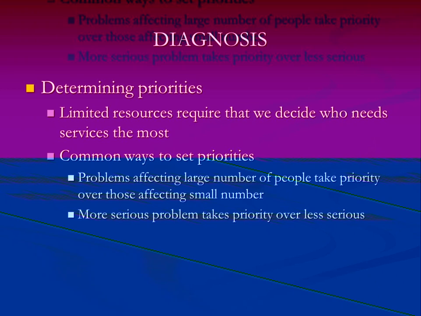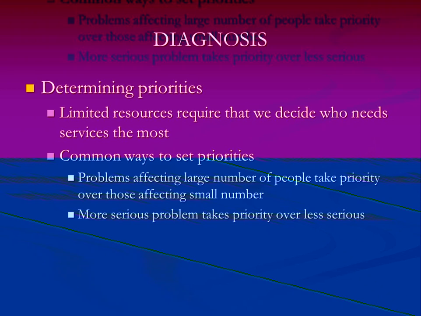So if we're going to focus our time and our efforts and all of our resources, we're probably going to focus on people that have breast cancer because it affects a larger amount of people within each community. So that's one way that we can determine priorities.